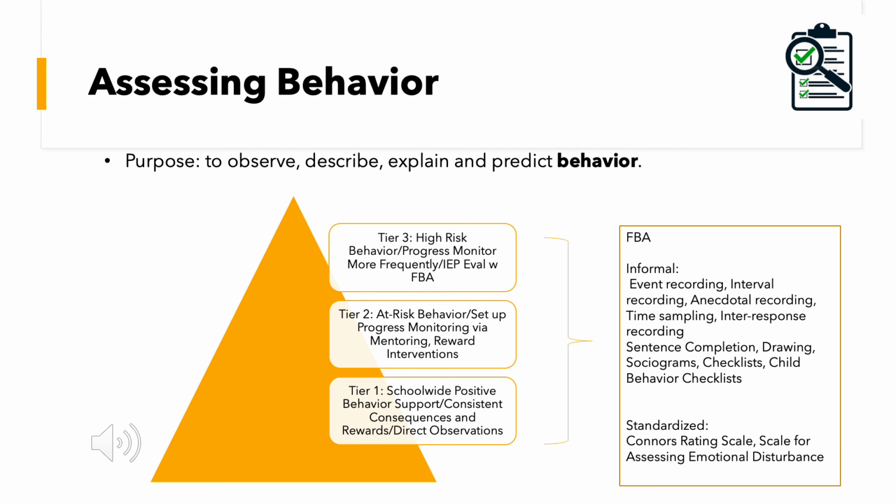Here we begin to identify students whose social behavior and social skills could be interfering with learning. At-risk students who move to Tier 2 are given appropriate behavior interventions such as mentoring and specific reward systems, and their behavior is monitored. As students move up the continuum of the triangle, their behavior may require more intensive, individualized interventions, perhaps administered through an IEP.